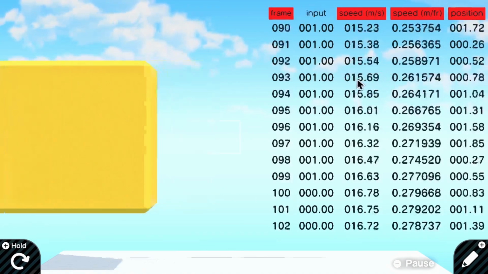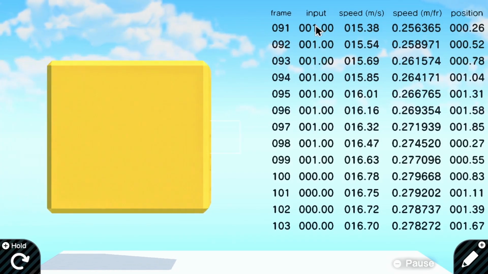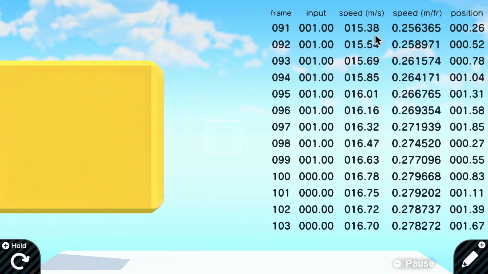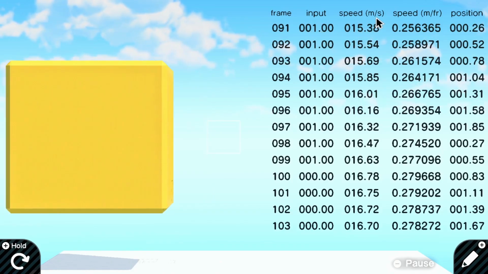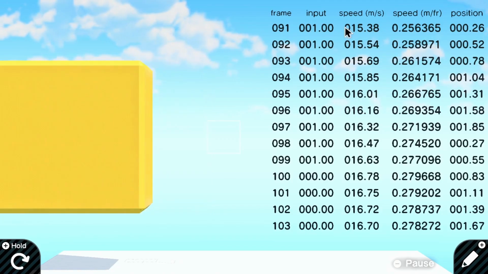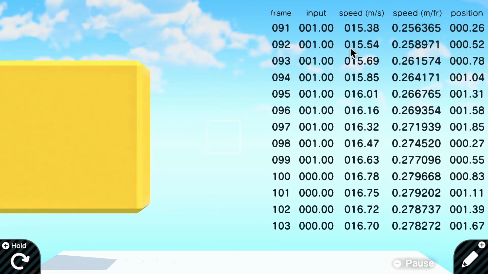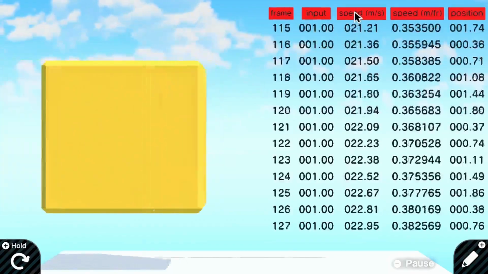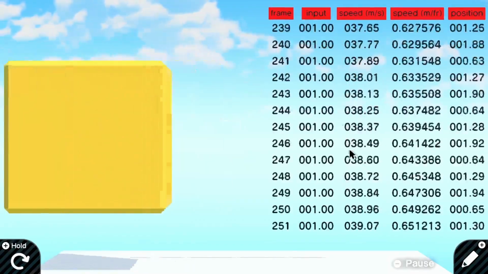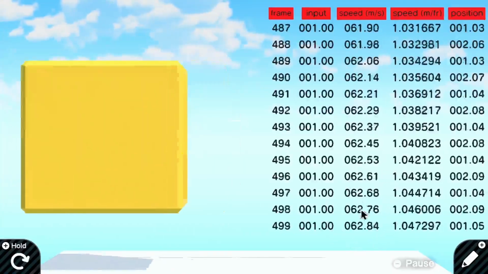So you can see here, when we send an input of 1, it still applies that same force. The speed just doesn't increase by 1. Instead, it's now increasing by the actual acceleration based on the total mass of the system. And that's what you see here. And it'll still keep on increasing as normal until it reaches the speed cap.